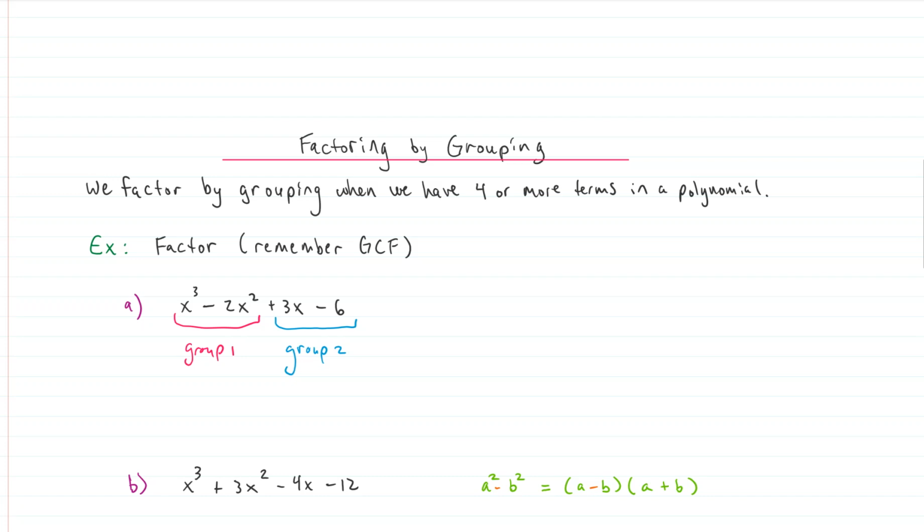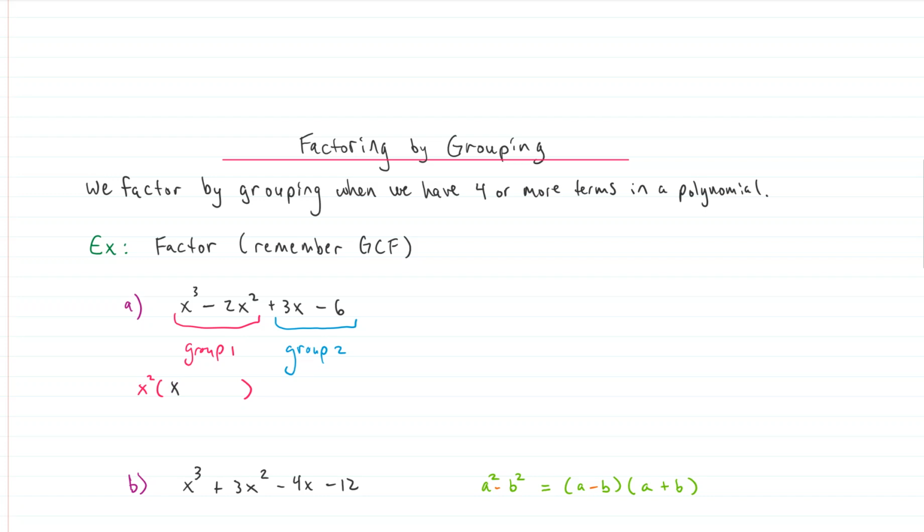what do we have when we take out the x squared from group 1? So if we take out the x squared, I'm going to put that in red because we're bringing it out. If we take out an x squared from group 1, what's left over? Well, in the first term, x cubed, we took out 2 of the 3, so we're just left with 1 x.